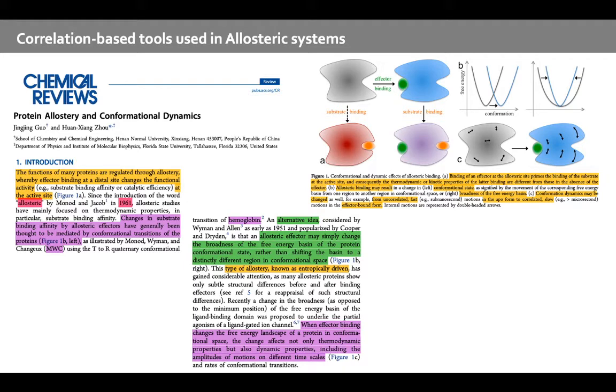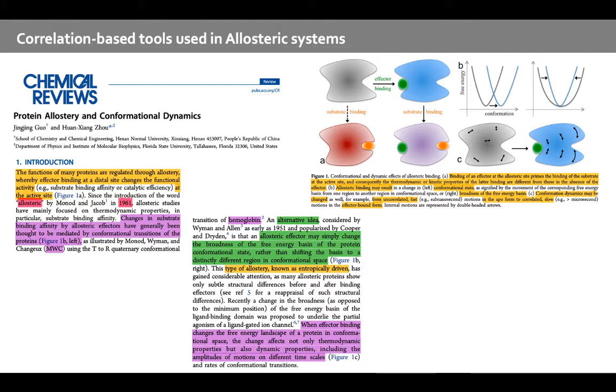If you look at figure 1b, this allosteric binding may result in a change in the conformational state. So this binding changes the conformation of the enzyme, which now has a higher affinity for the substrate. And this change in conformation is shown by this shift in the free energy basin.